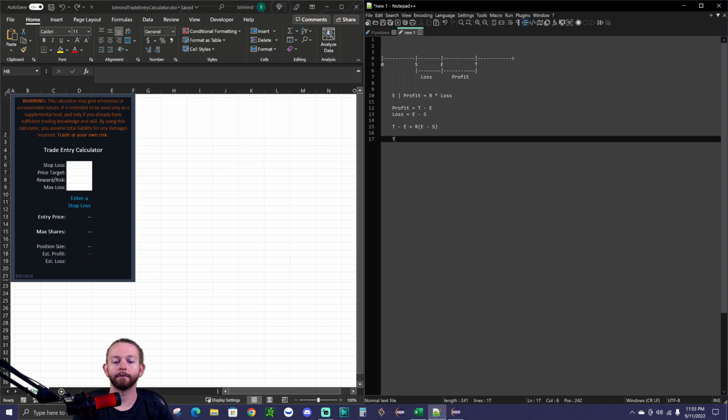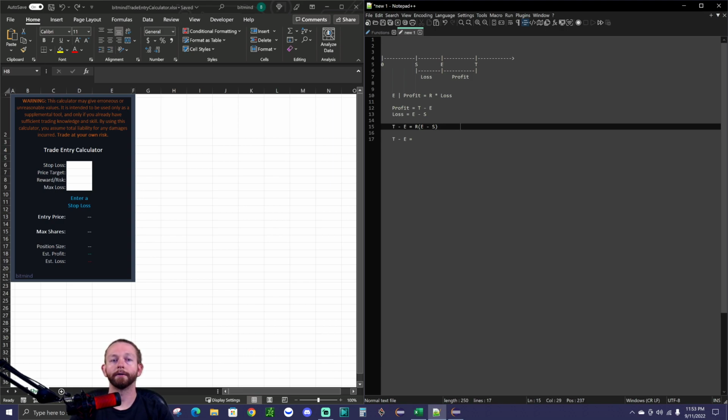First thing, let's distribute this R. If you remember back to high school algebra, the distributive property: if you have A times B plus or minus C, that is equal to AB plus or minus AC.